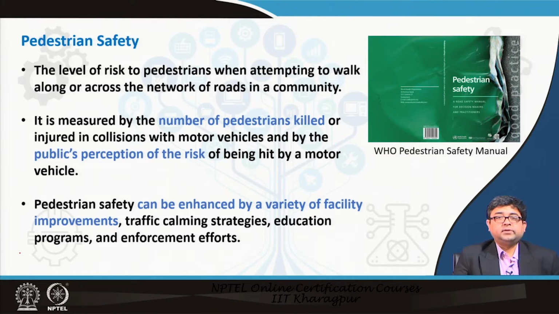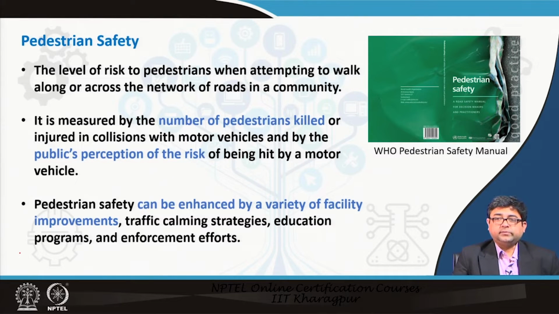So, this safety is usually measured in the number of pedestrians killed or injured in collisions with motor vehicles and by the public's perception of risk of being hit by a motor vehicle. So, there are two ways. The actual is the count of the number of accidents or crashes that have happened between pedestrians and vehicles, and the second is the perception of, say, unsafe intersections.